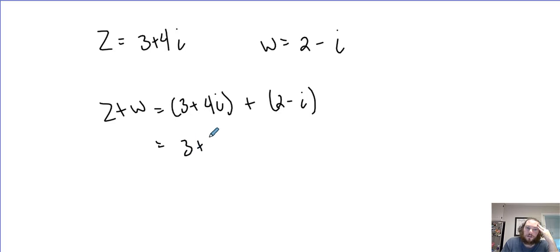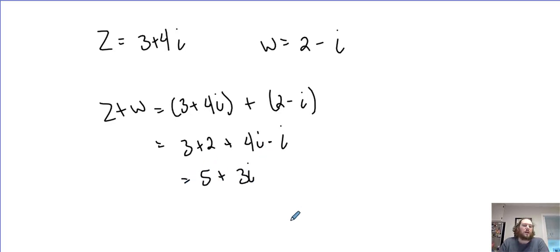So this becomes 3 + 2 + 4i - i, or 5 + 3i, right? And subtraction would work much the same way.